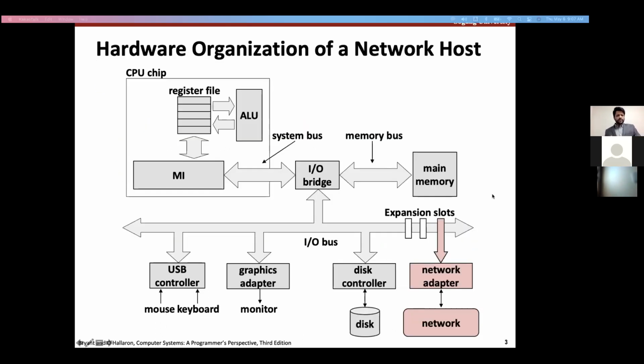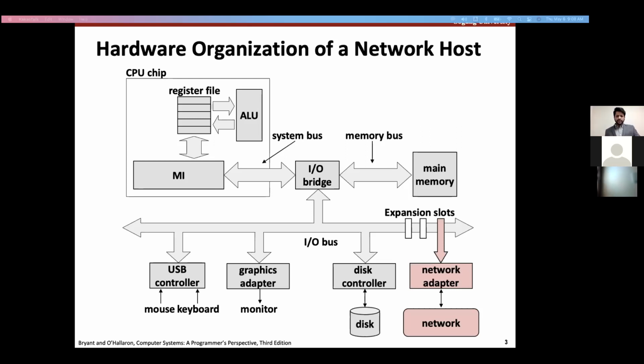This picture shows you the hardware organization of a network host. Just like in your CPU, you have the IO bus running, and there are multiple things connected to this IO bus. You have a graphics adapter, you have CPUs connected through an IO bridge to the main memory, and you have a disk controller that is connected directly to your IO bus.